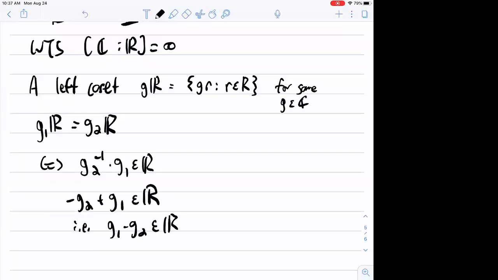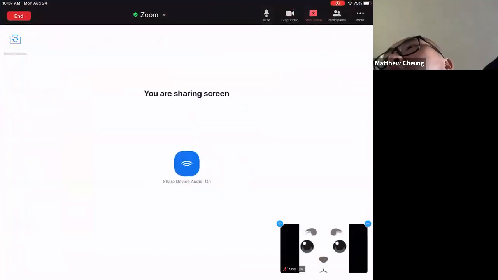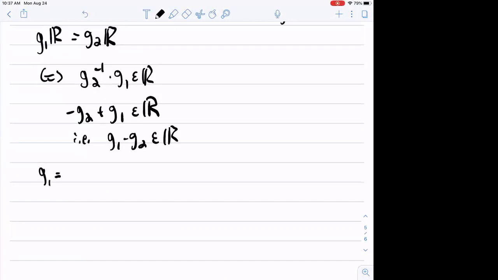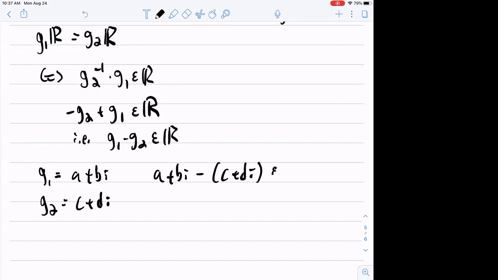So question. If I subtract two complex numbers, when do they equal a real number? So if G1 is a plus bi, and G2 is c plus di, I need this to be in R. What does that mean?